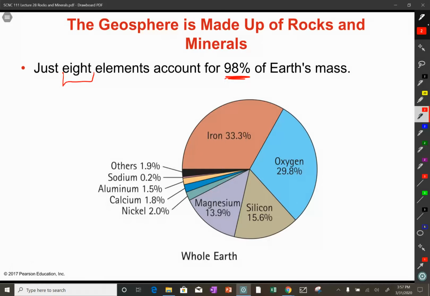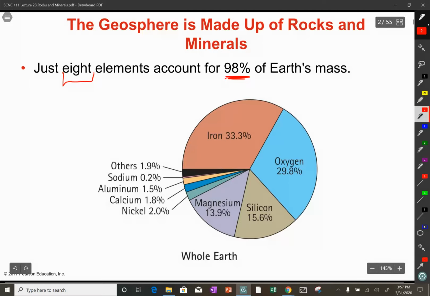Here are our primary elements: iron, 1/3 of the entire mass of the Earth we believe to be iron. Oxygen just behind, almost 1/3, is oxygen. Combine these two, iron and oxygen, and over 60% of the Earth is just those two. Then 15.6% silicon, 13.9% magnesium.